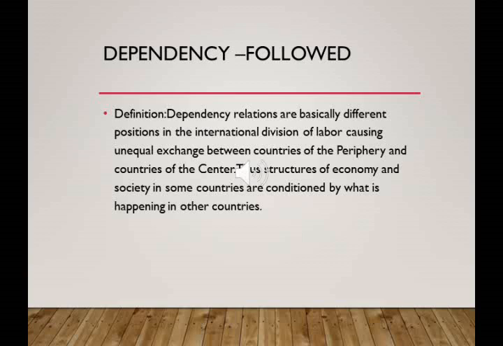Countries put to the international market goods designed for developed countries, but this kind of exchange implies loss of value by the developing countries in favor of developed countries. This kind of exchange implies some sort of exploitation.